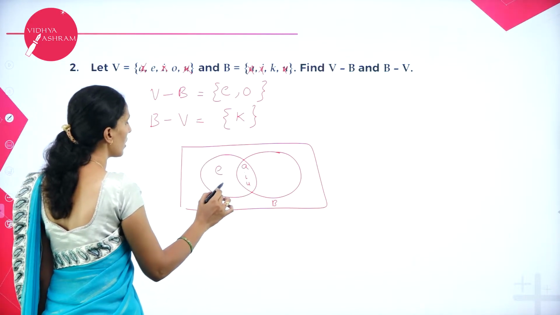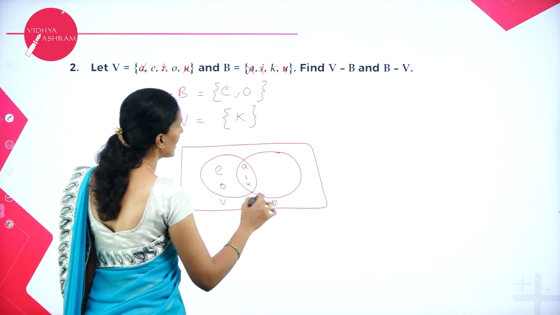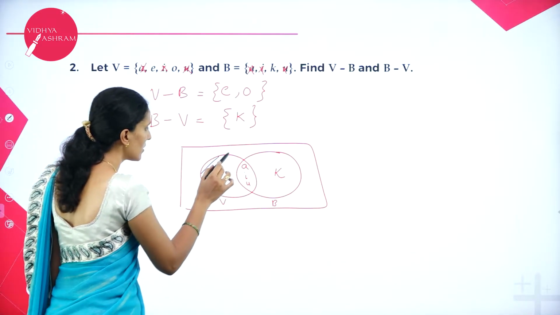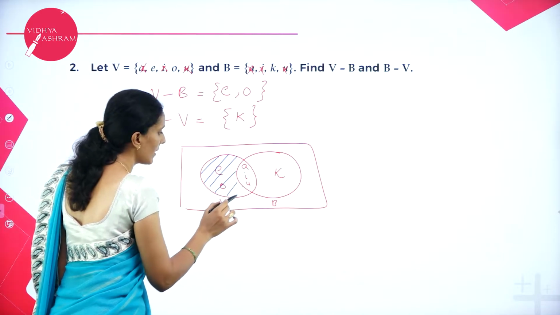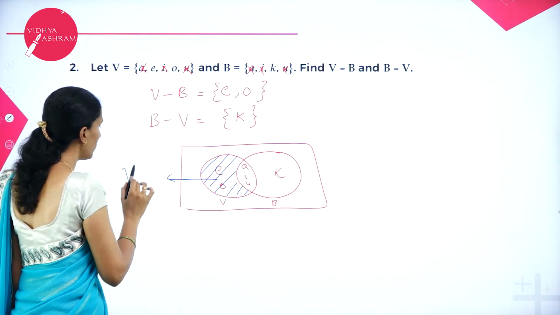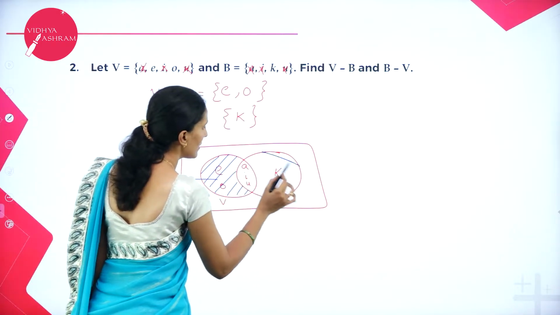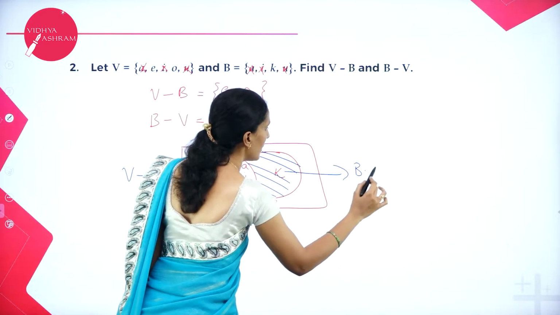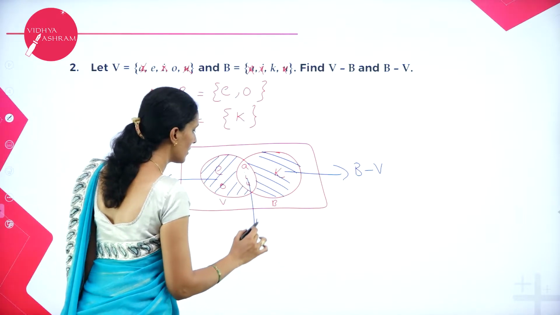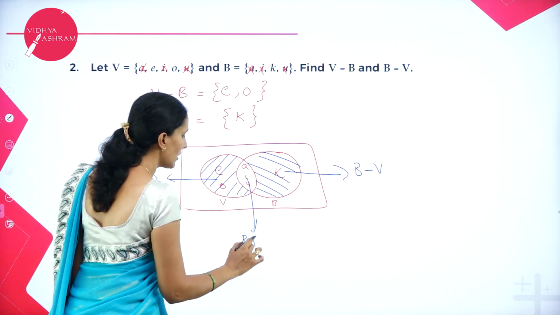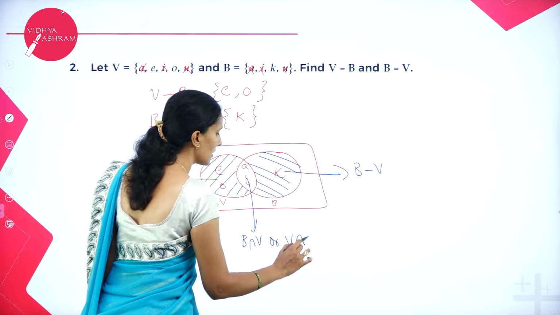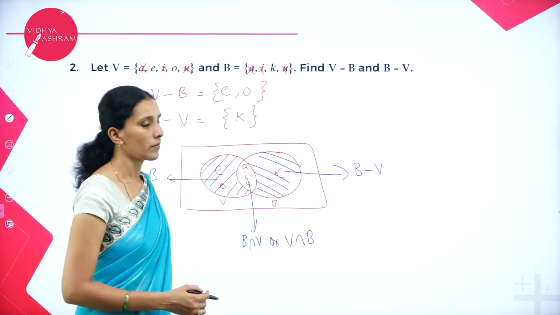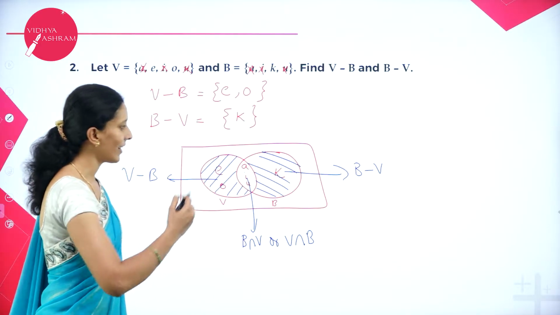The only elements in V alone are E, O, and in B alone the only element left is K. So this part, except the intersection, gives you V minus B, and this part containing only K is your B minus V, and this is your B intersection V or V intersection B. Both are one and the same. So you can observe it through a Venn diagram also.